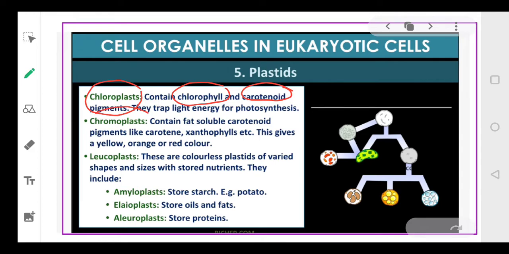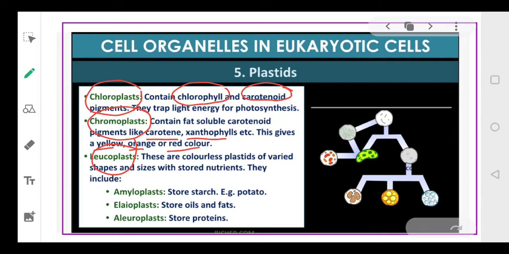The second is chromoplast. Chromoplast means colored plastids. As I told you, they contain pigments like carotene and xanthophylls, and they have a yellow, orange or red color. The third category is the leucoplast, which are colorless plastids, and they vary in shape and size, and they store nutrients.